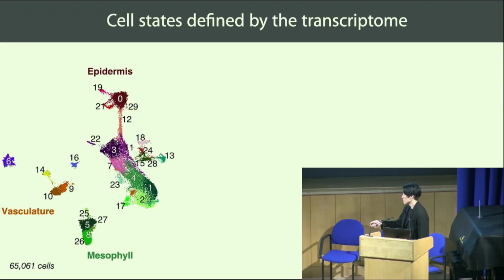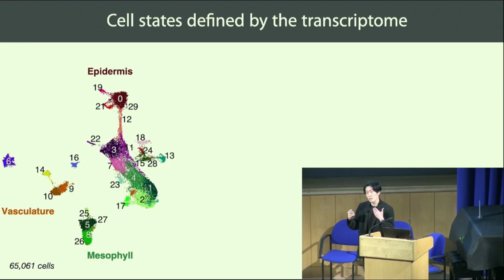We've sequenced over 65,000 cells from a bunch of different infected plants. And this is a UMAP plot, which is the two-dimensional representation of very high-dimensional transcriptome data. Here, cells with similar transcriptome patterns are clustered together. Based on marker gene expression, we could identify major cell types, such as epidermis, mesophyll, vasculature.